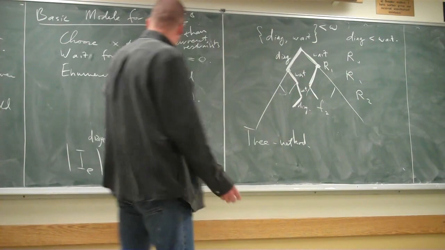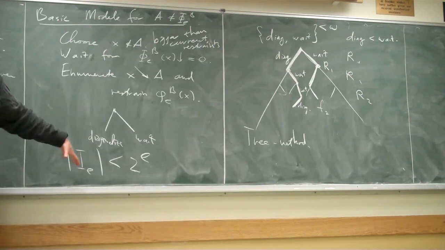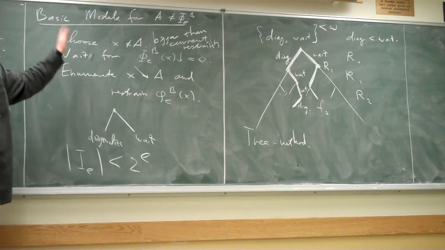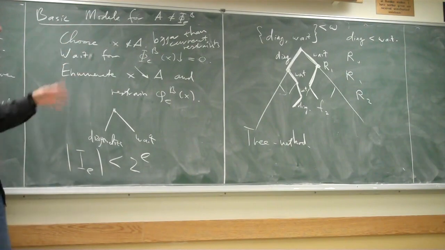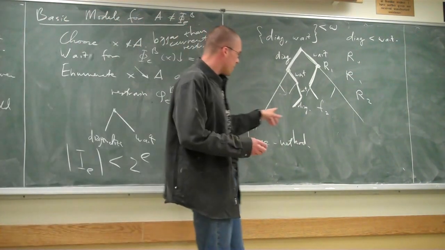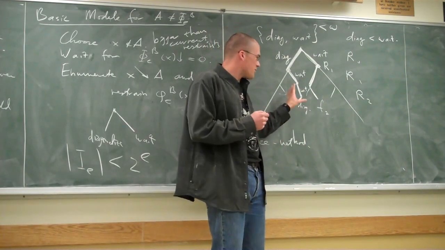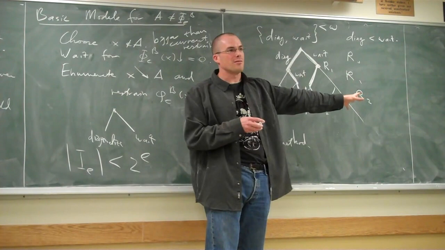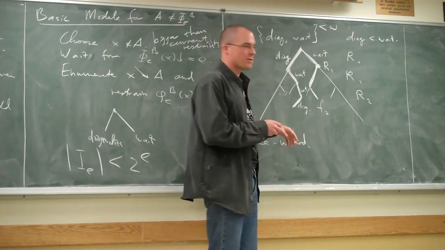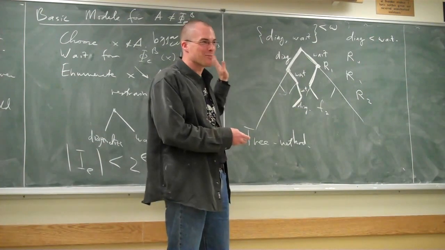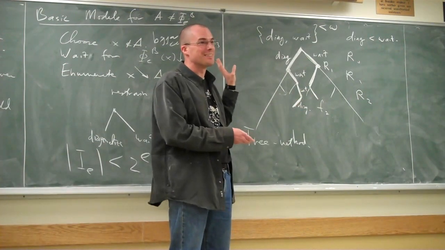Because this being a finite injury construction, we don't really need the tree. We were able to do it just as well with it being linearly ordered. But on the tree you can now say certain things like: this node gets to do whatever it wants as long as it's nice to the things which are to the right of it. That's totally wrong. As long as it's nice with respect to the things which are to the left of it, because the path might move left later.